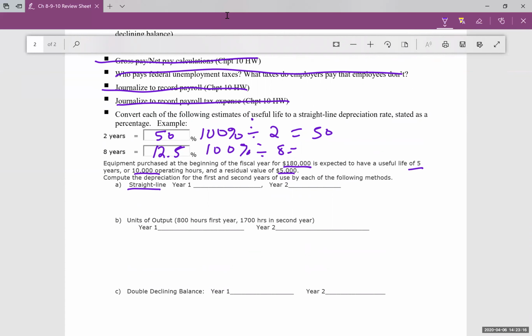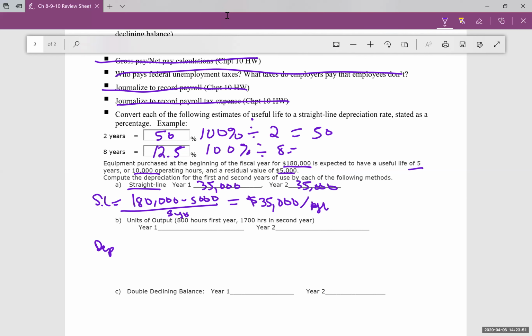So for straight line, remember on the top, all we do is we take the 180,000 minus the residual value, and divide that by the number of years, 5, and it's the same amount every year. So for straight line, it ends up being 35,000 per year. So year 1, 35,000, and year 2 is 35,000.